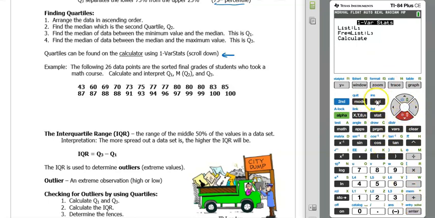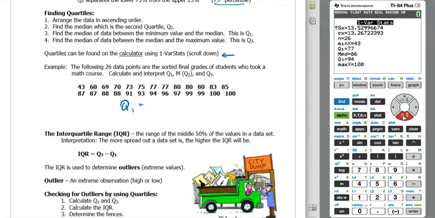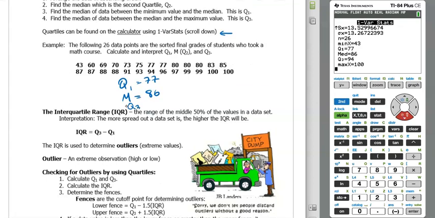I don't need a frequency list. I'm just trying to find the 1-Var Stats for list 1, the only place where I have any data. If we scroll down, we'll see where it gives us the quartiles. Quartile 1 is 77. The median, which is quartile 2, is 86. And quartile 3 is 94.